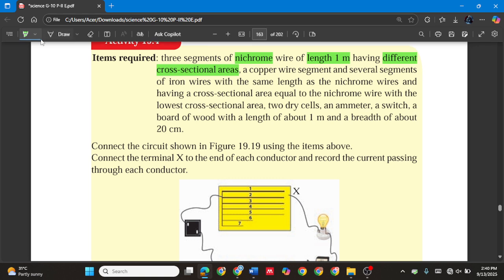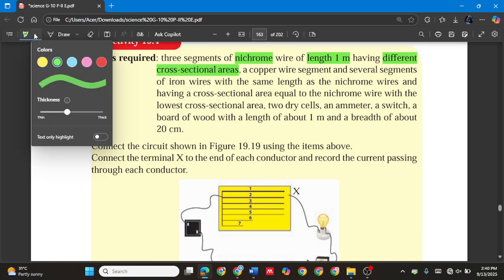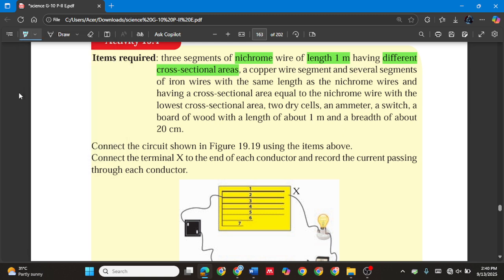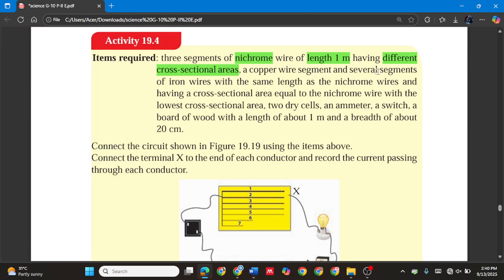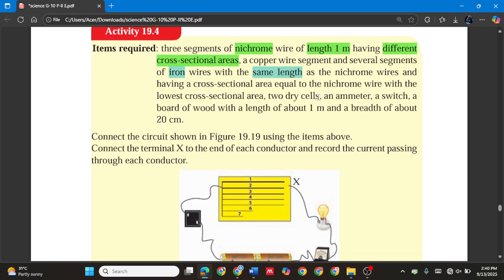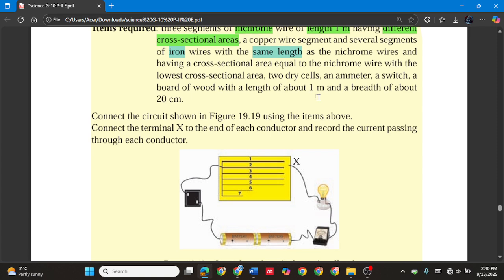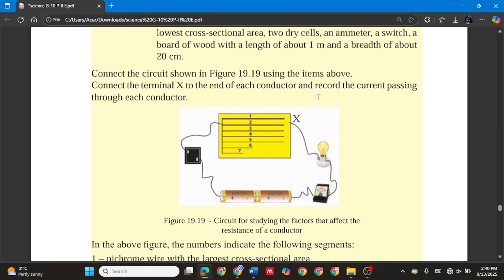And a copper wire segment and several segments of iron wires with the same length as the nichrome wires, having a cross-sectional area equal to the nichrome wire with the lower cross-sectional area, 2 rheostats and an ammeter, so each of those things.